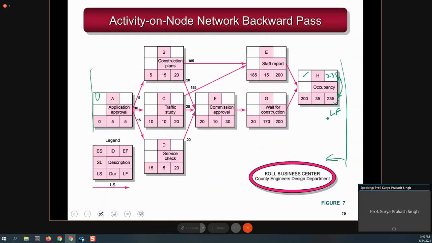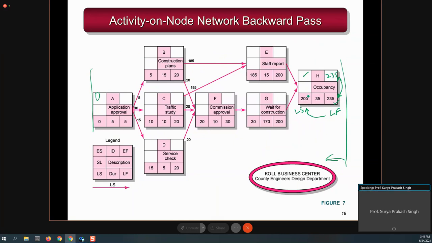Since we are going the backward way, instead of adding, we have to subtract. So the latest finish minus 35 gives the latest start.